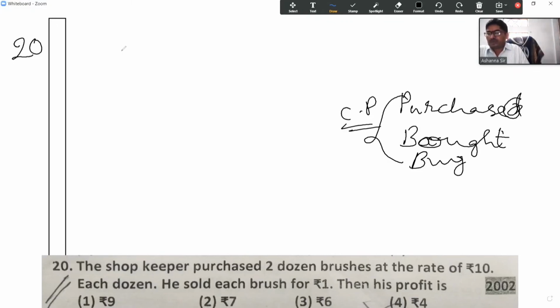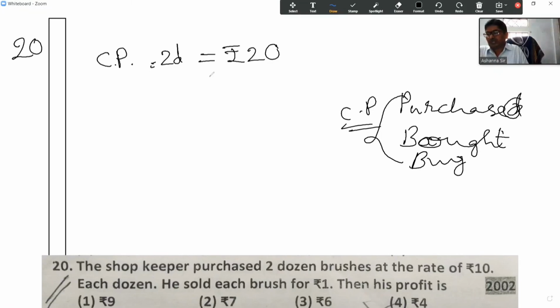So here cost price of 2 dozens brushes at the rate of 10 rupees each dozen. So 2 dozens, how much? 2 tens are 20 rupees. 20 rupees cost price.